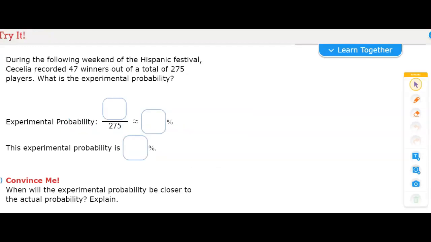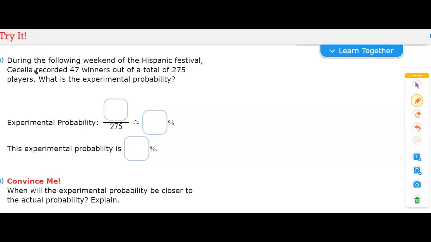During the following weekend of the Hispanic Festival, Cecilia recorded 47 winners out of a total of 275 players. What is the experimental probability? So we're going to use the formula they gave us, right? The probability of the event occurring.